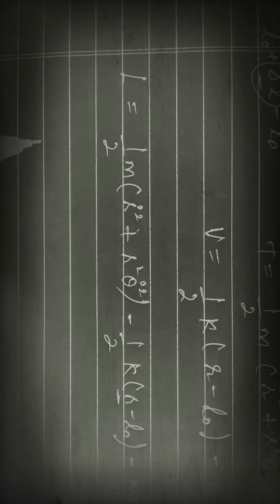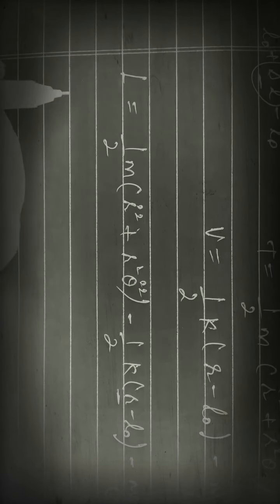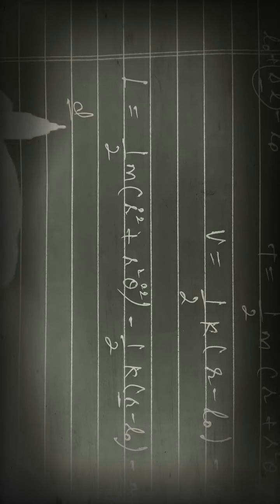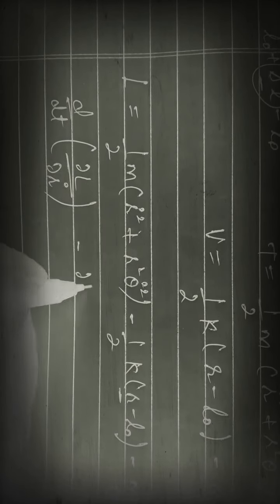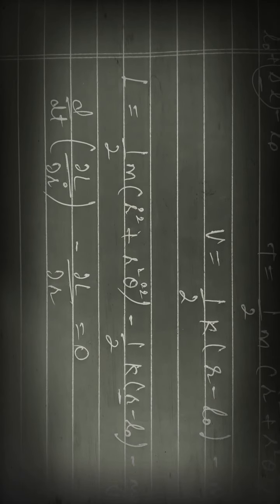Now for writing the equation of motion, you will use the Euler-Lagrange equation, d by dt of partial L upon partial r dot minus partial L upon partial r equal to 0.